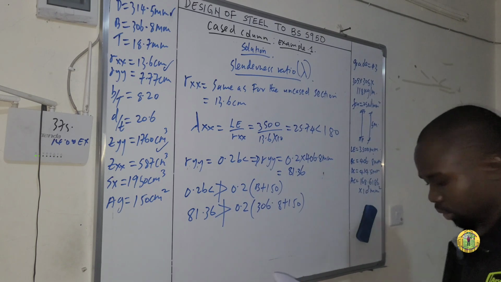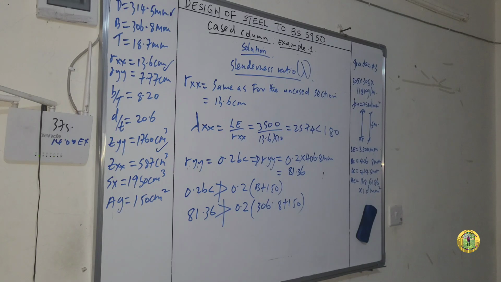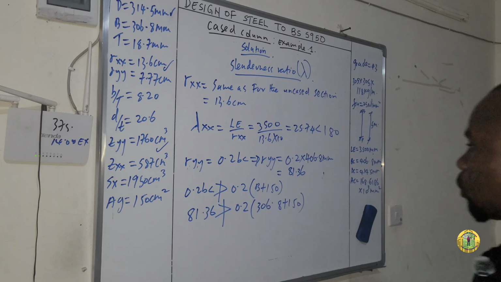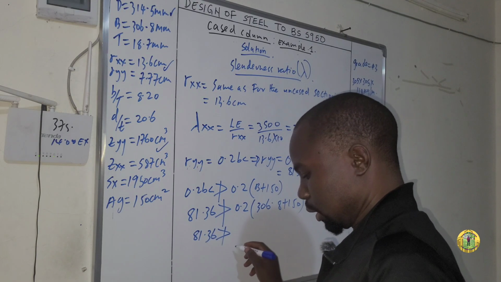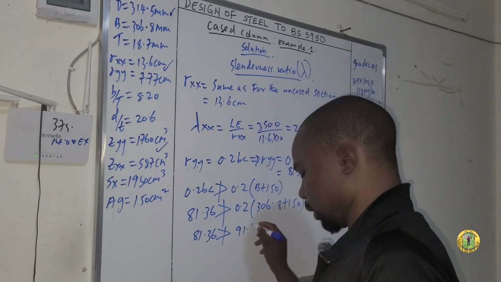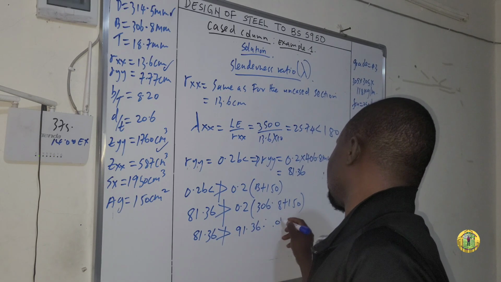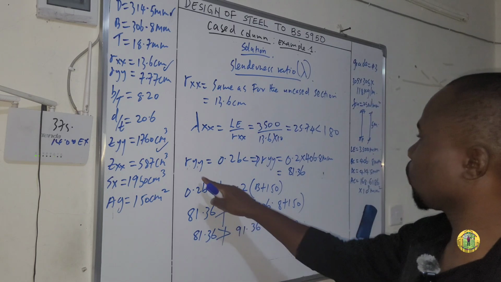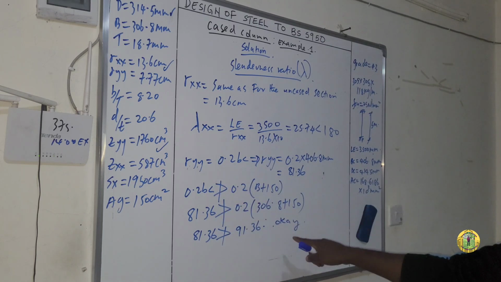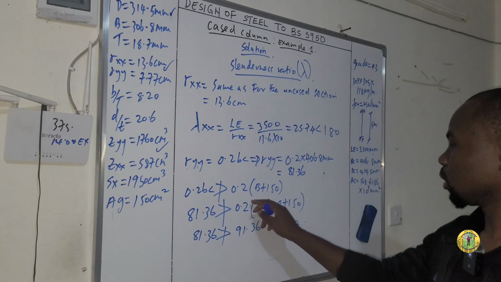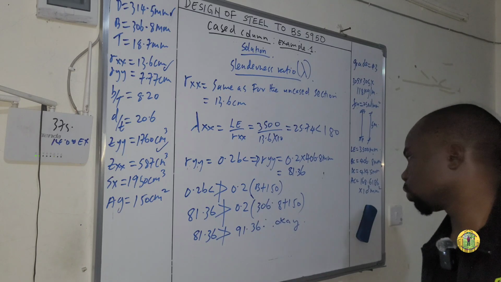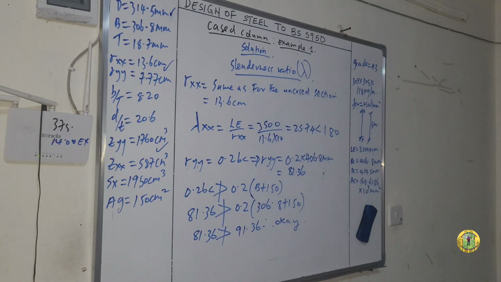So 0.2 into bracket 306.8 plus 150 will give you 91.36. So 81.36 is not greater than 91.36. Therefore, okay. So you have to check that RYY is not greater than 0.2 into bracket B plus 150.